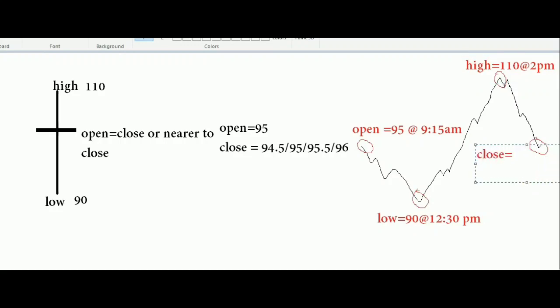Close is equal to, say, 95, or you can say 94.5 at 3:30 p.m. Clear?